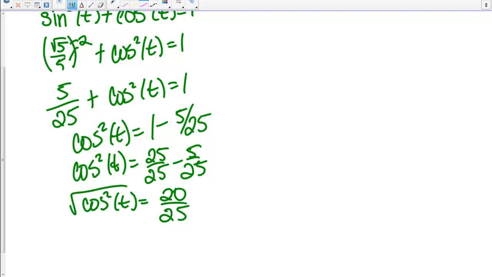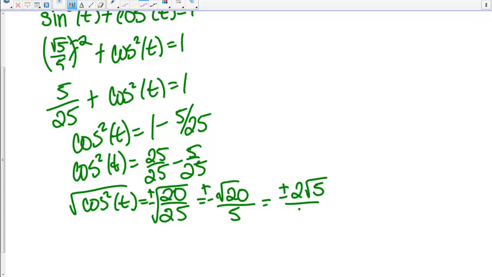We can take the square root. When we take the square root, we get plus or minus. So we get square root of 20 over 5 plus or minus. And square root of 20, we can rewrite that as 2 square root of 5 over 5.